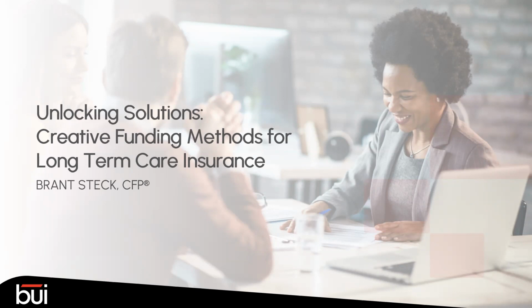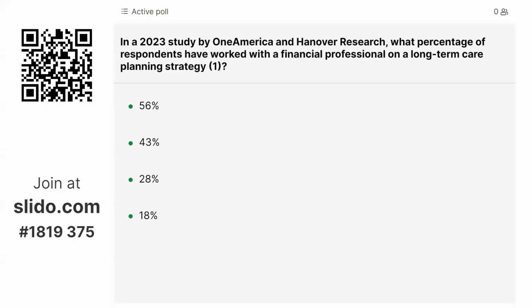Brian mentioned that we have Slido as a means of engagement, so we're going to start with Slido right away. On your phone or maybe another screen, go to slido.com. And here's our first poll question. In a 2023 study by One America and Hanover Research, what percentage of respondents have worked with a financial professional on a long-term care planning strategy?